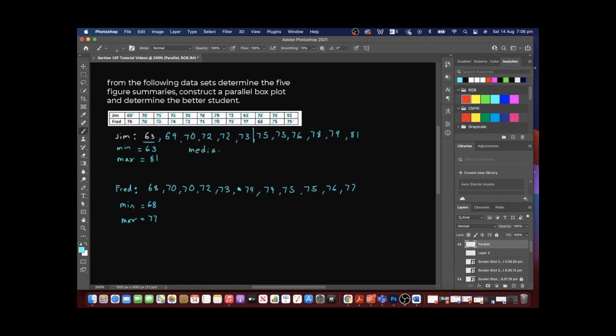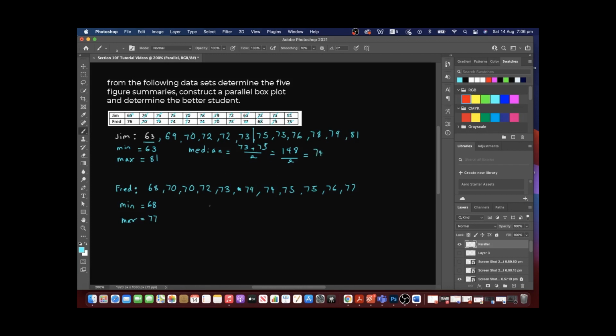Is equal to 73 plus 75 over 2, which equals 148 over 2, which equals 74.